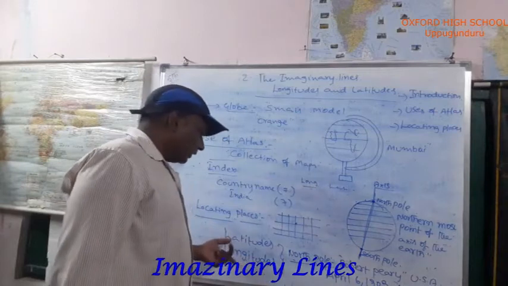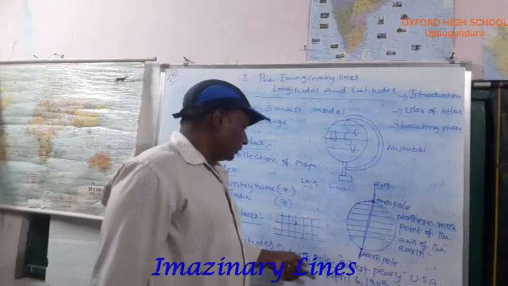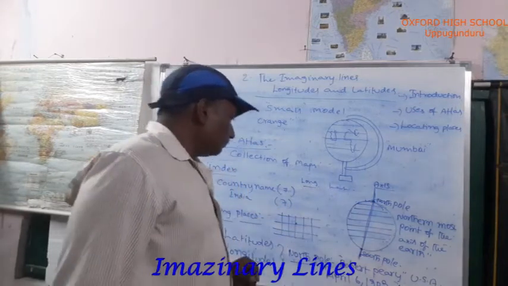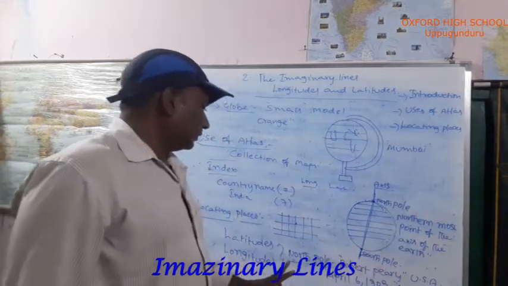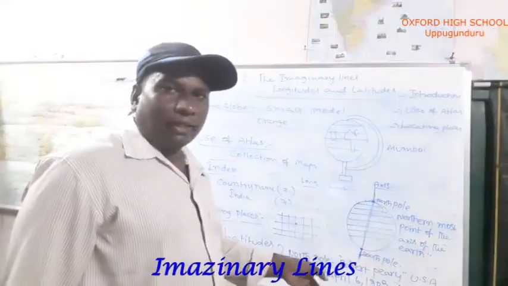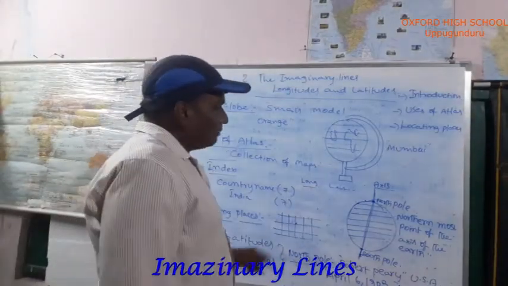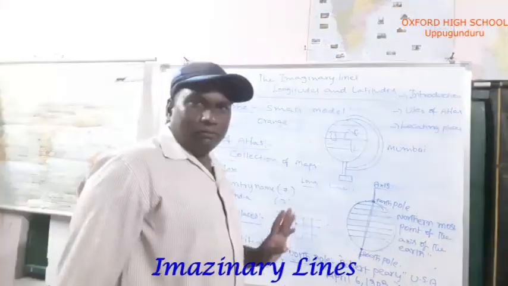Regarding latitudes and longitudes, I will explain in detail later. Just now I explained these two points, North Pole and South Pole. Robert Peary, USA, April 6th, 1909, reached the North Pole.